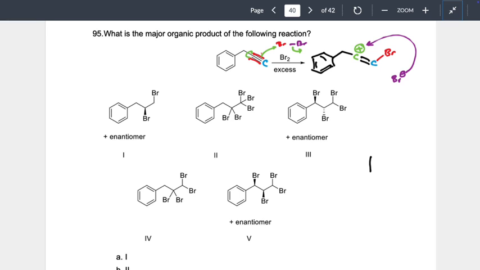So if I'm looking at a product, what I would hope to see, green, blue, I'd have a bromine, a bromine, a bromine, and a bromine. So I would expect bromines at both carbons.